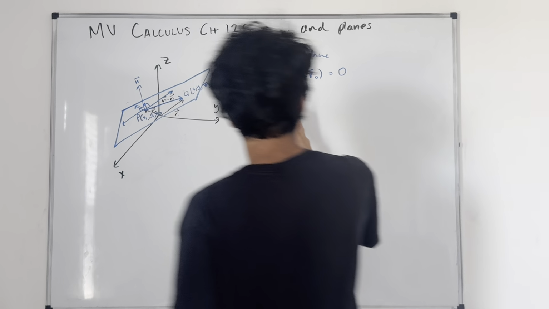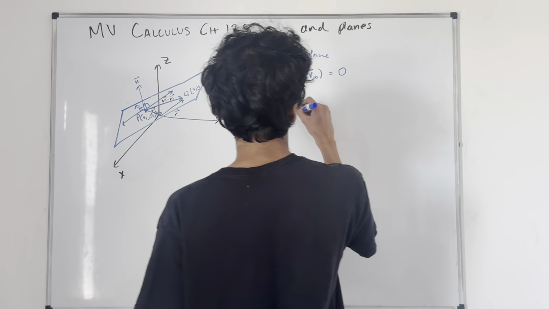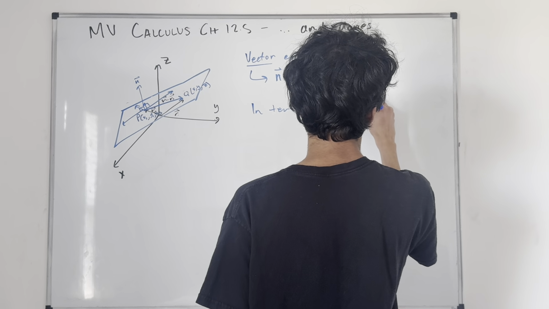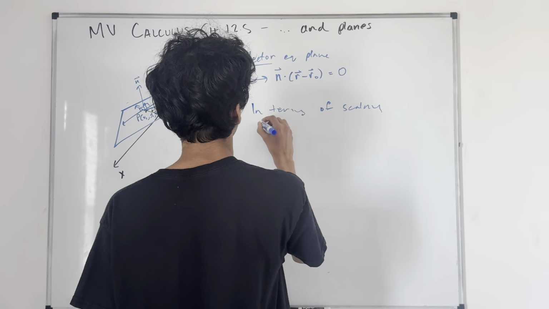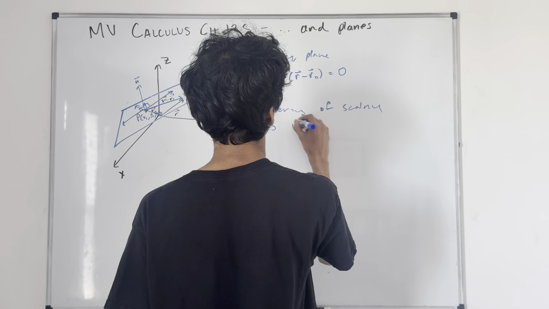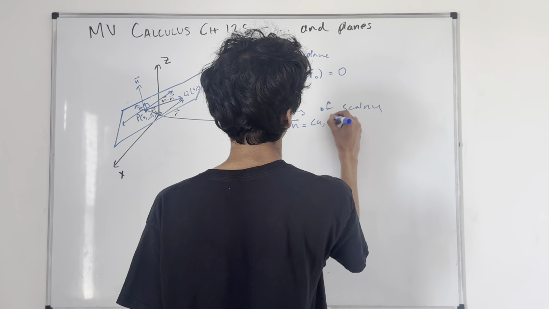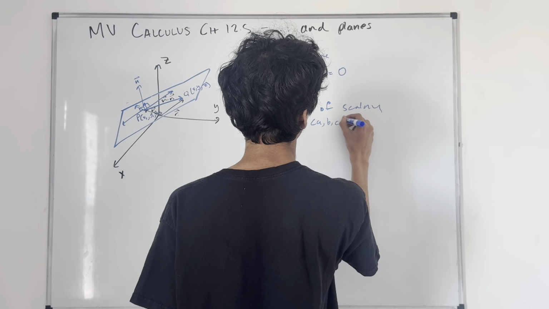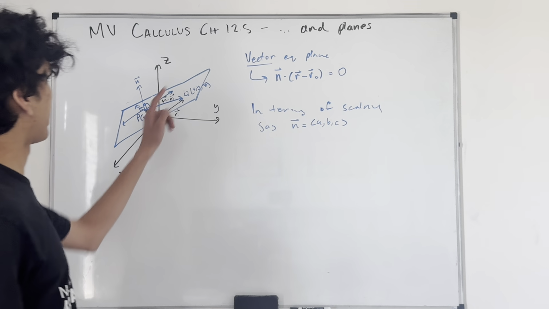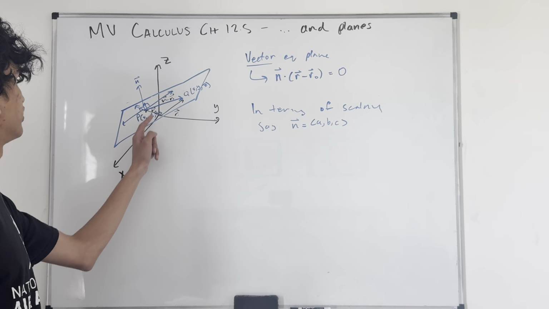Now in terms of scalars, let's say n has components a, b, c, and we're going to use x, y, z and x initial, y initial, z initial.